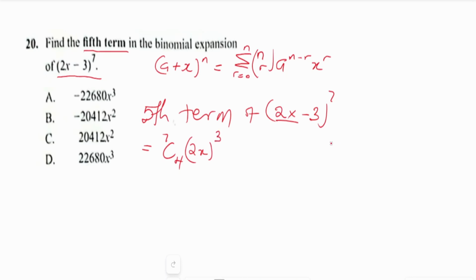Then we move to the second term, which in this case is negative 3. Remember, it goes with the sign. Then exponent r, which in this case is 4.